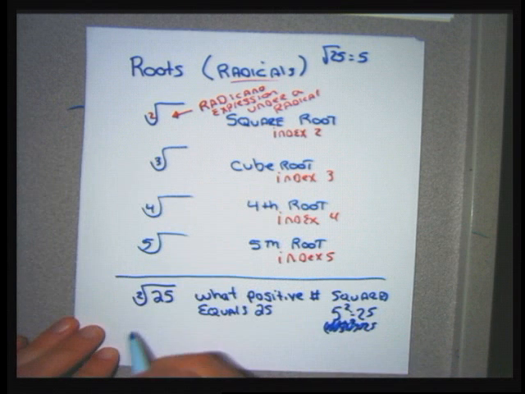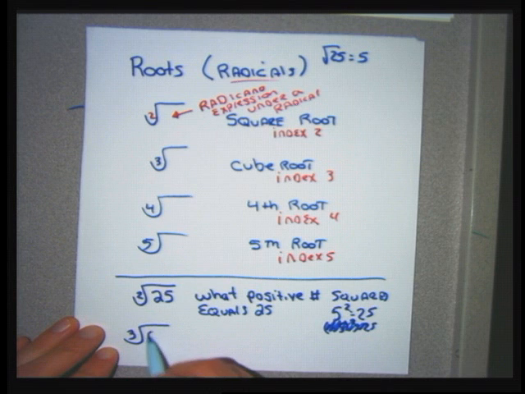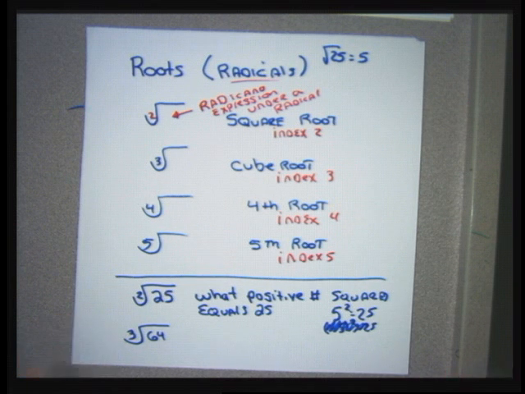For something like the cube root of 64, cube roots don't emphasize positive or negative, because when you cube negative numbers, you get a negative number. You can't get the number under the radical.